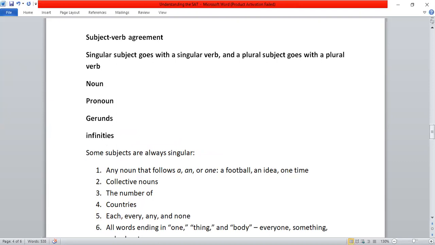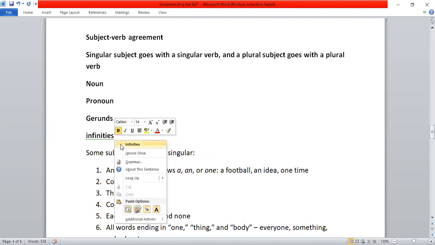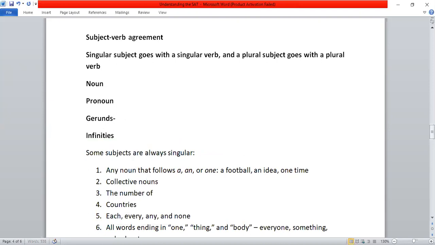Now, if you don't know what gerunds and infinitives are, don't worry, don't go into a lot of details of what it is. We'll write it like this. Gerunds are basically verbs along with ing. So remember it this way. And infinitives are also verbs along with to.